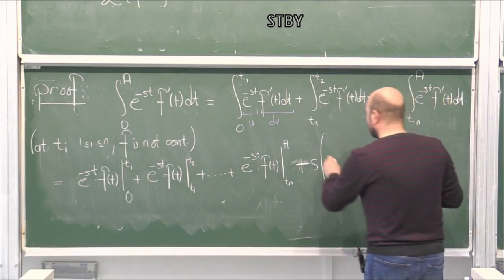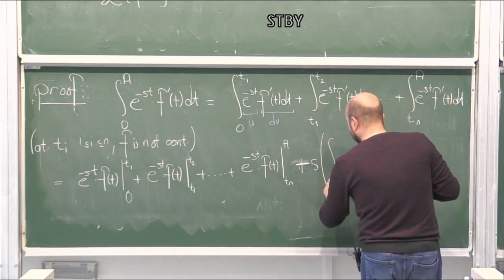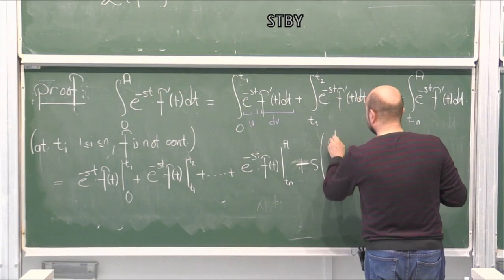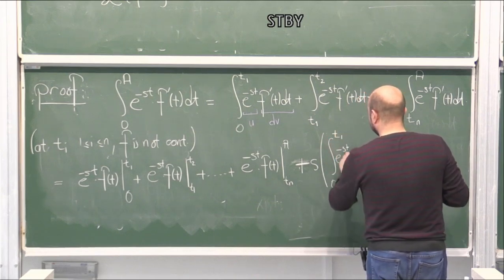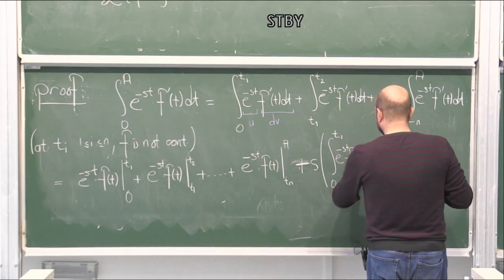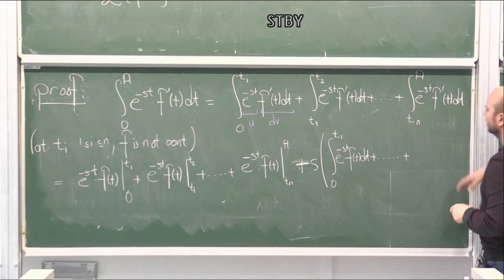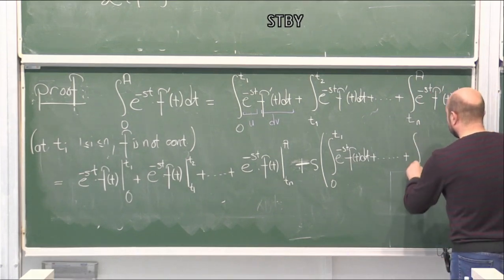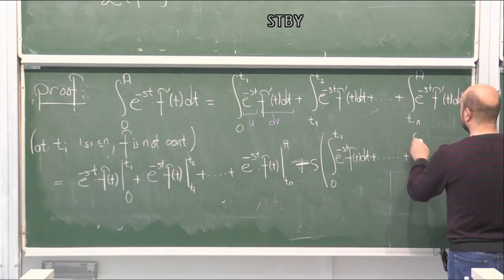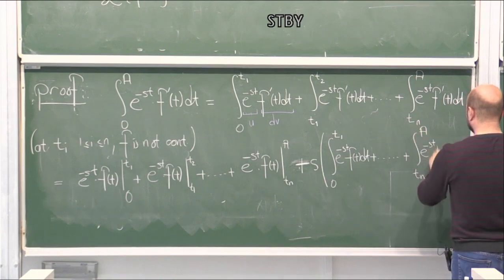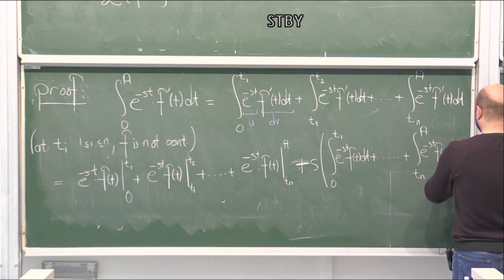So I will just write these again: from 0 to t1, e to the minus st f of t dt, and so on. Let me just write the last one, from tn to a, e to the minus st f of t dt.